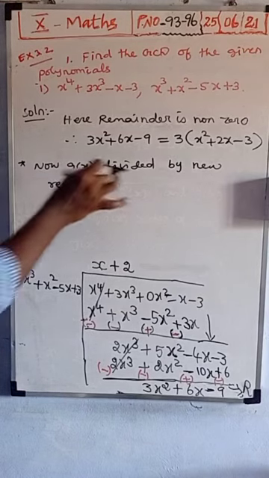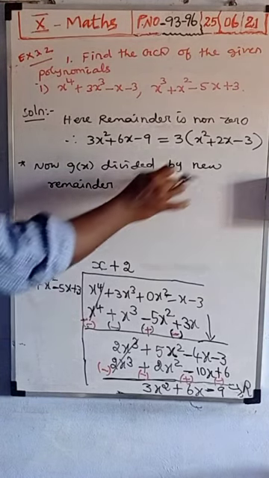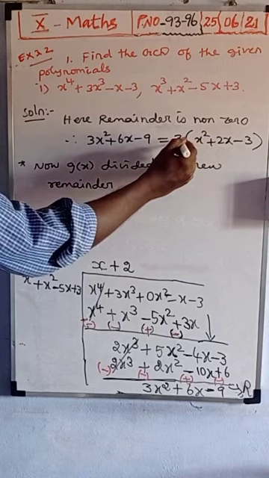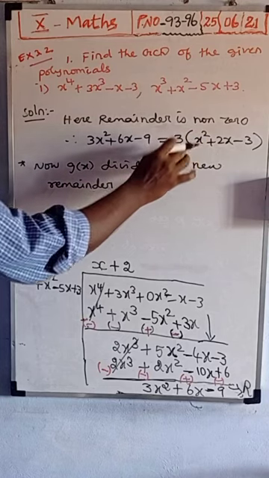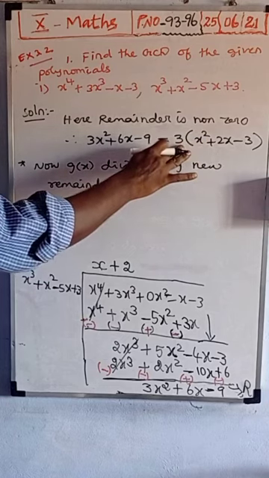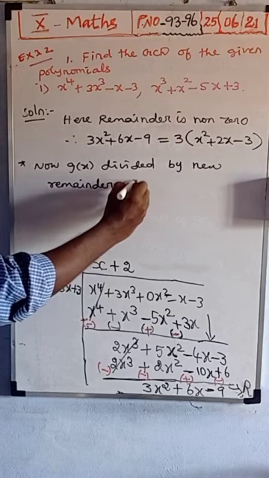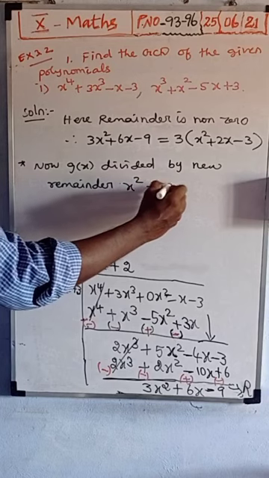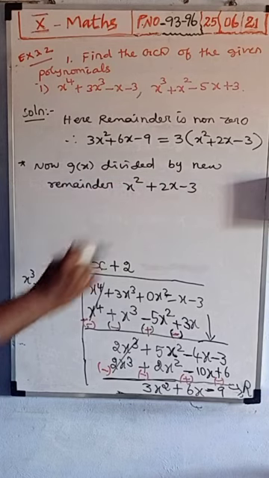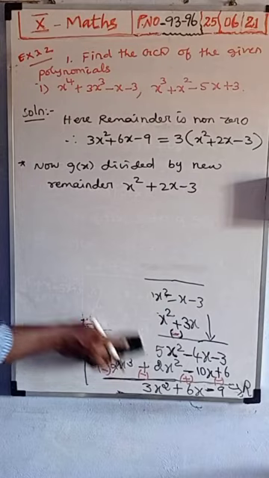Now g of x you write inside, and the remainder you write outside. Here 3 was taken outside, so no need to consider this constant term. You should divide by this polynomial alone, x squared plus 2x minus 3. This is step 2.